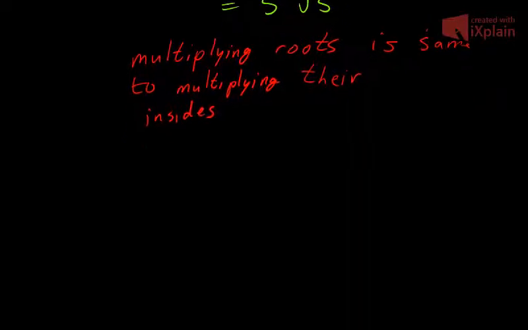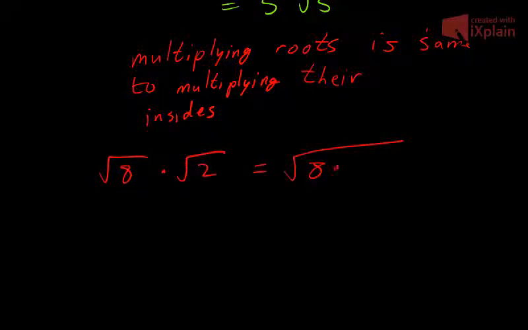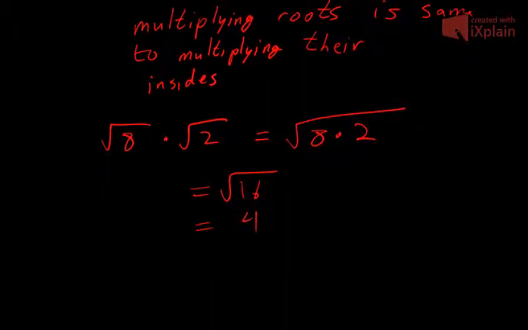Just a real easy, quick example of that: I have the square root of 8 times the square root of 2. That's the same thing as saying the square root of 8 times 2, which is the square root of 16, which is 4. So if we have things like this, we can break them apart or just multiply them back together. The multiplication works the same outside the square root as inside the square root, which is going to make our lives a lot easier.